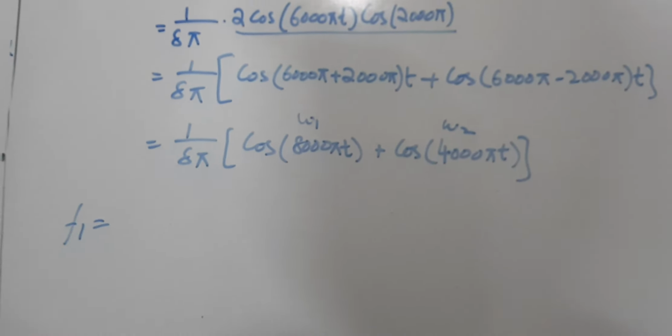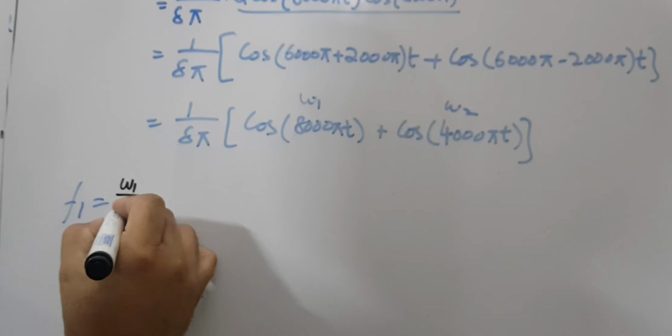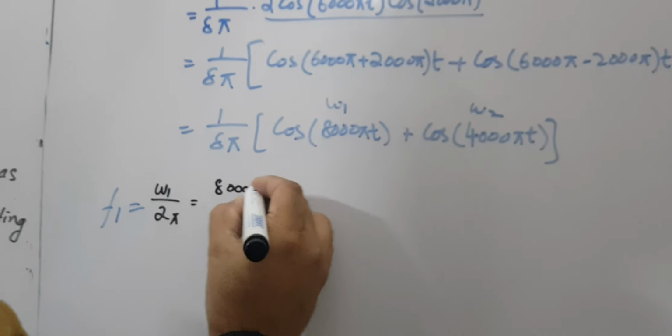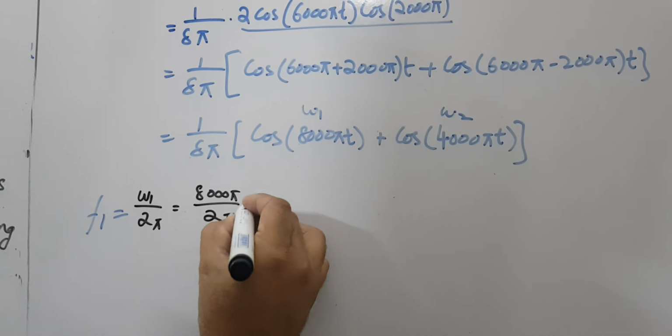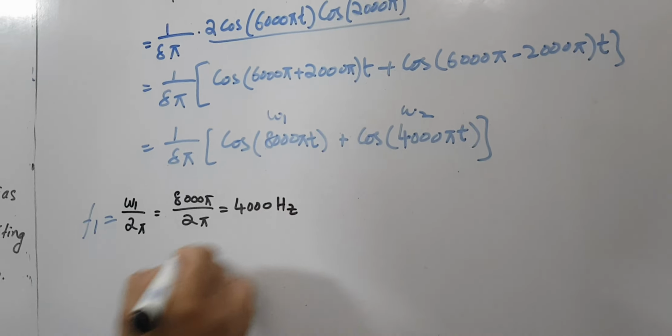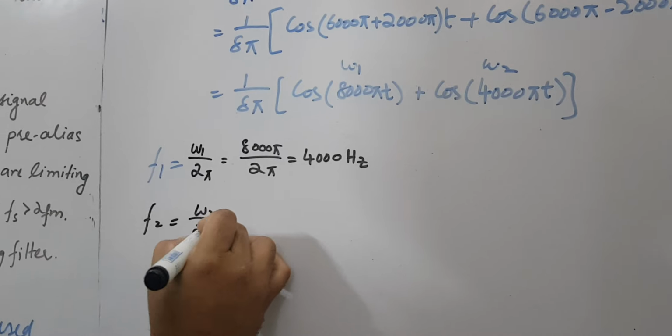So f1 is equal to omega 1 by 2 pi. Omega 1 is 8000 pi by 2 pi, so that equals 4000 hertz. f2 is equal to omega 2 by 2 pi.